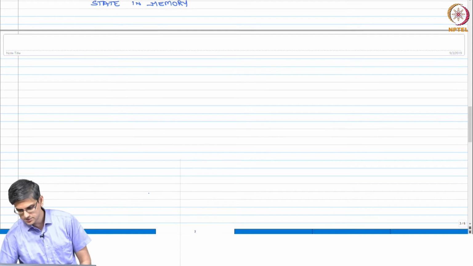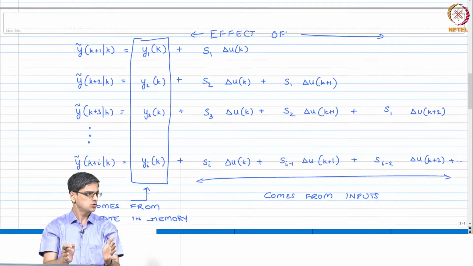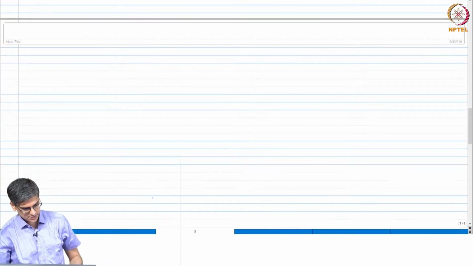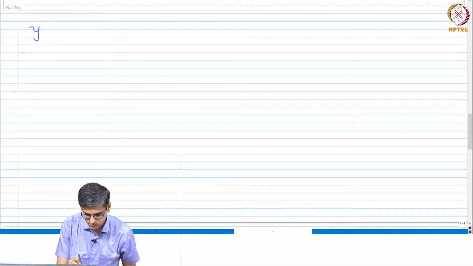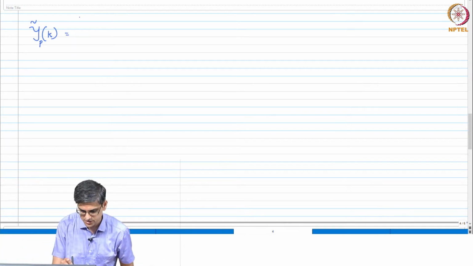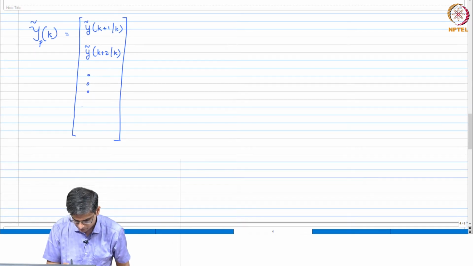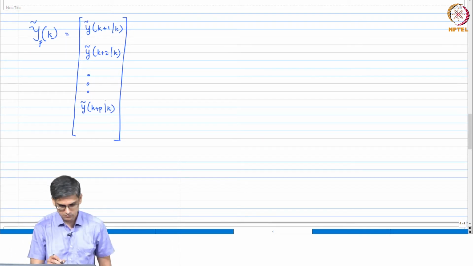So let us represent this entire bunch of guys, yk plus 1, y k plus 2, y k plus 3 up to y k plus p, as y k p, just for notational simplicity.